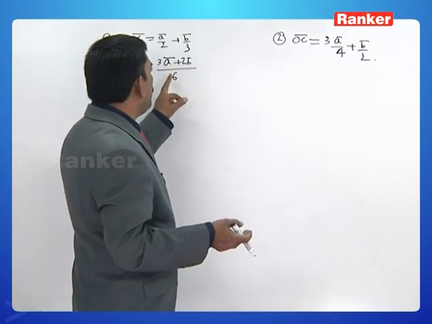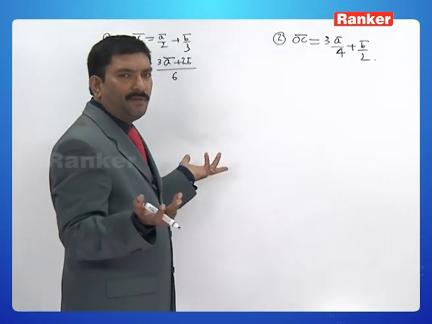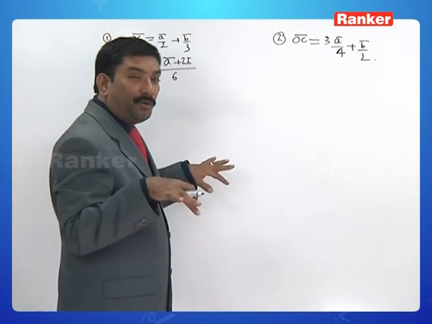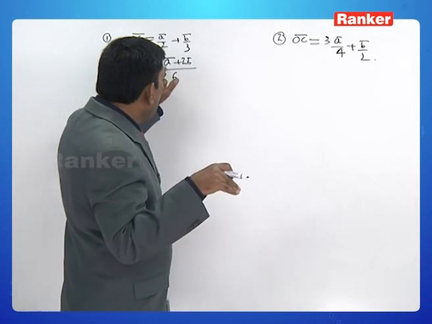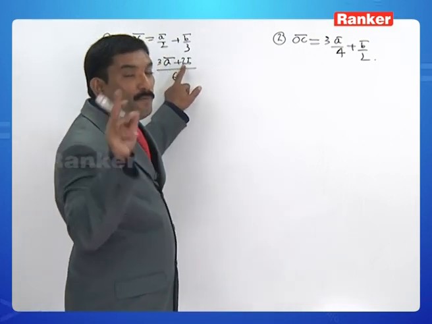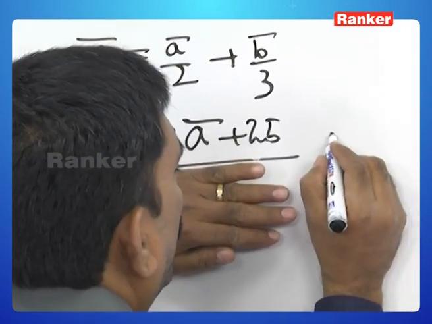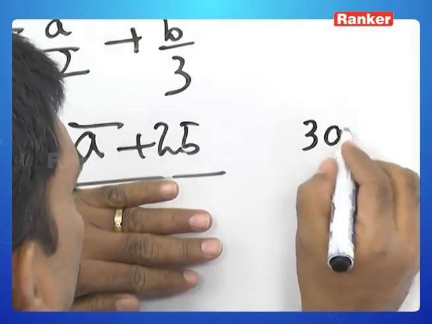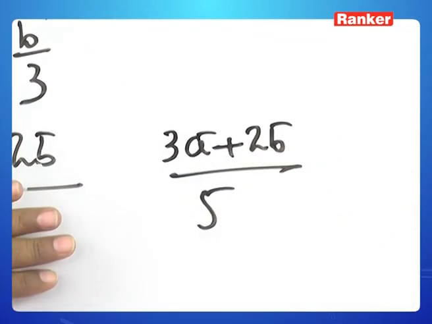Now if I simplify 3A bar plus 2B bar by 6, we don't know what ratio it divides. What you have to do is write according to the numerator in the ratio form that you know. You don't worry about this. Now I write this as 3A bar plus 2B bar by 5.